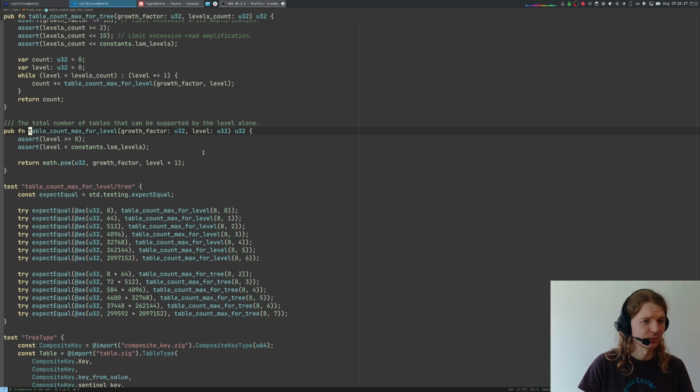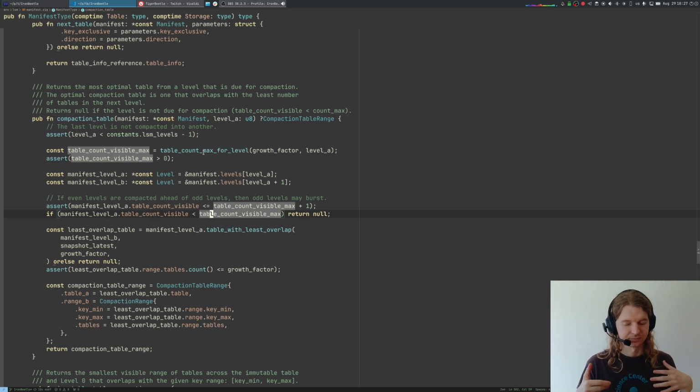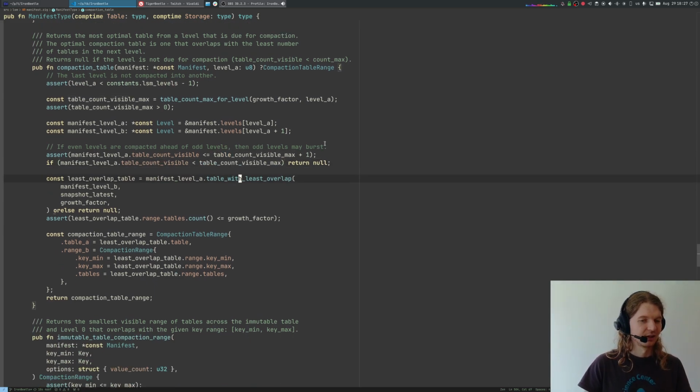No, it doesn't. Okay, so if the number of tables in our level is less than the number of tables this level can accommodate, then we actually don't have to compact anything and we just return null. Otherwise, we find the table with least overlap.